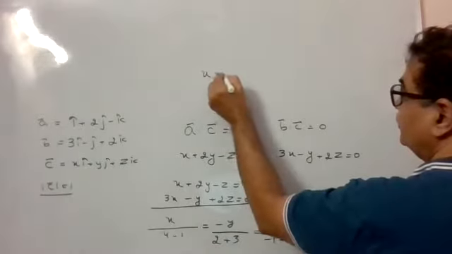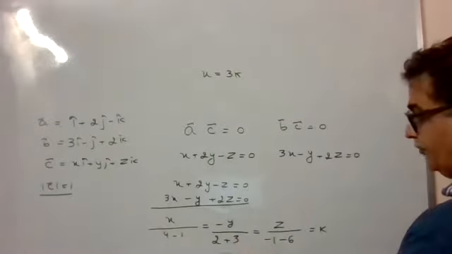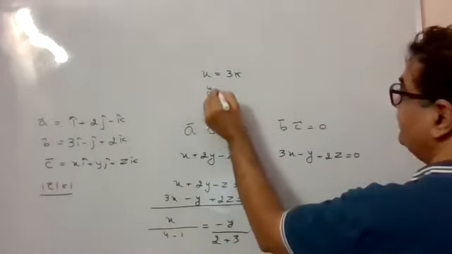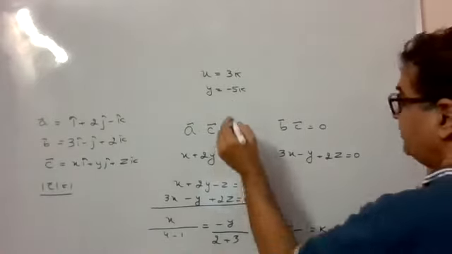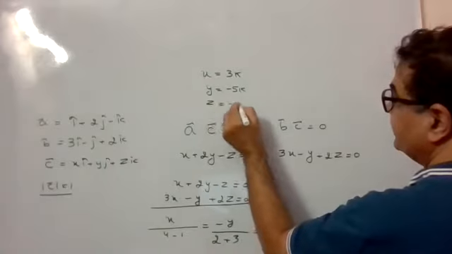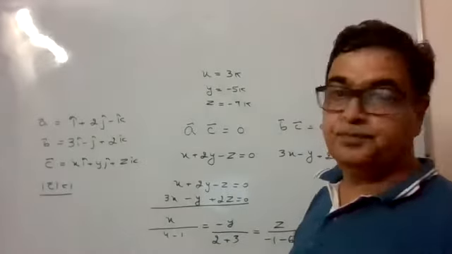So x comes out to be thrice of k, y will be minus of 5k, and z will be minus of 7k. Clear?